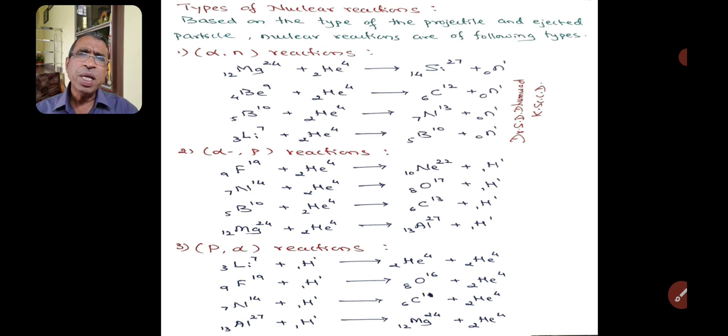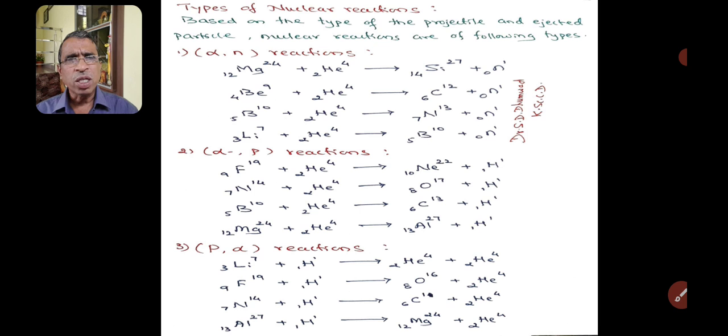Coming to the P-alpha reactions. In P-alpha reactions, the proton is the projectile and the alpha particle is the ejected particle. Example: lithium 3, 7, when bombarded by a proton, gives 2 helium atoms, that is, 2 alpha particles result. Fluorine 9, 19, when bombarded with a proton, gives oxygen 8, 16 and an alpha particle.